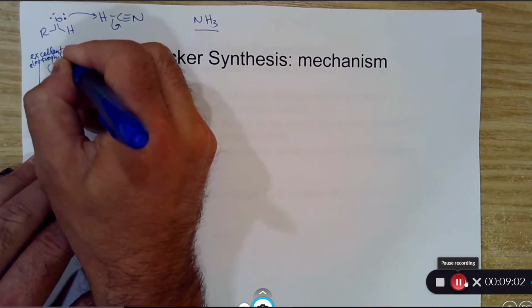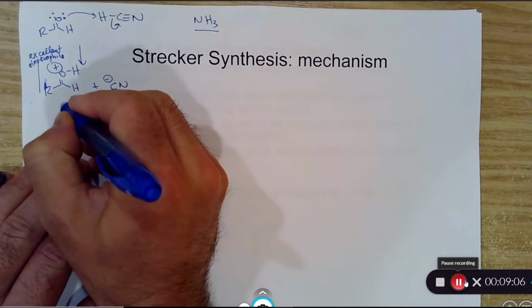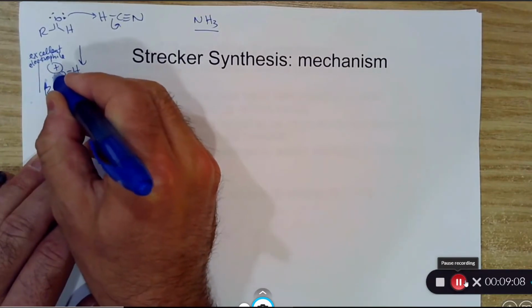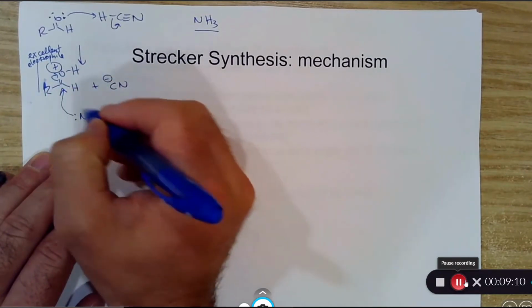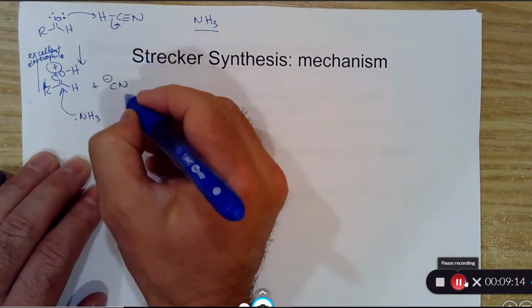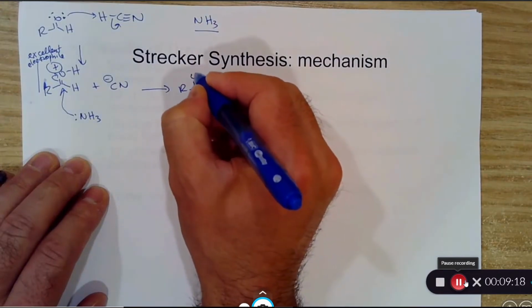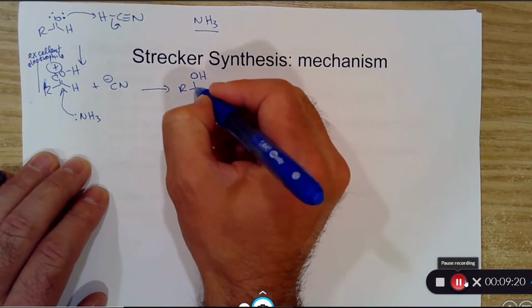Okay, so it's seeking electrons. This nitrogen here is a very good nucleophile. So what's going to happen is you're going to get attack of the ammonia on the aldehyde. And when this happens, you're going to generate a species that looks like this.